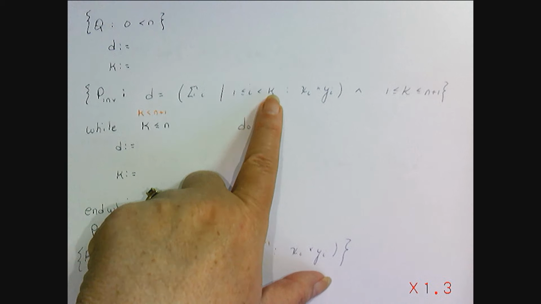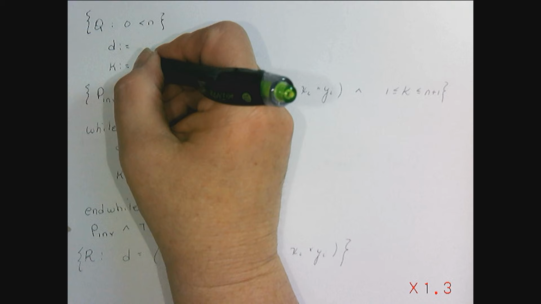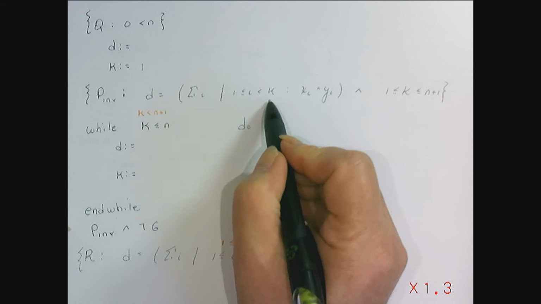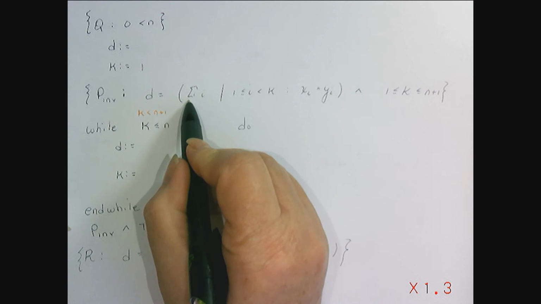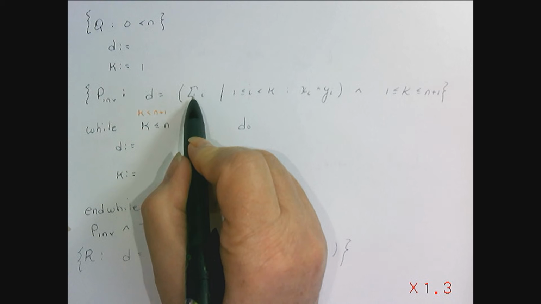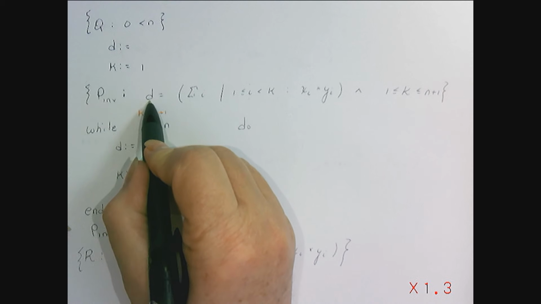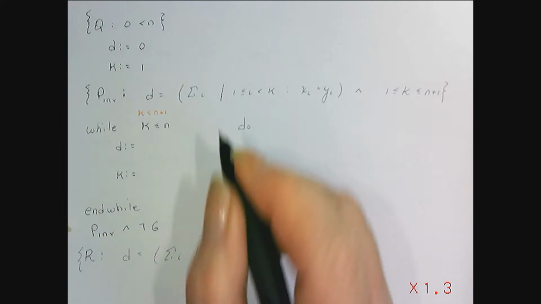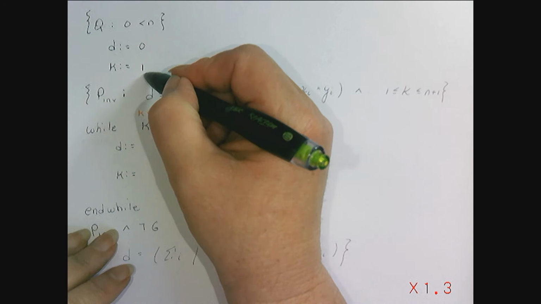So I'm going to set k equal to 1, because if k is greater than or equal to 1 but less than 1, that's the empty range. Now if I'm evaluating a sum over an empty range, I know it evaluates to 0. So I'm going to assign d the value 0. Now those are my initialization commands.